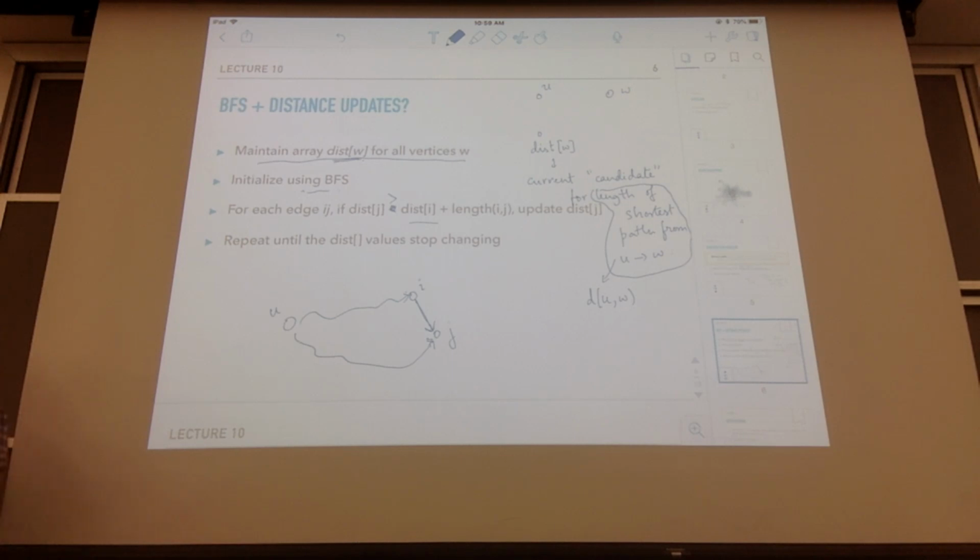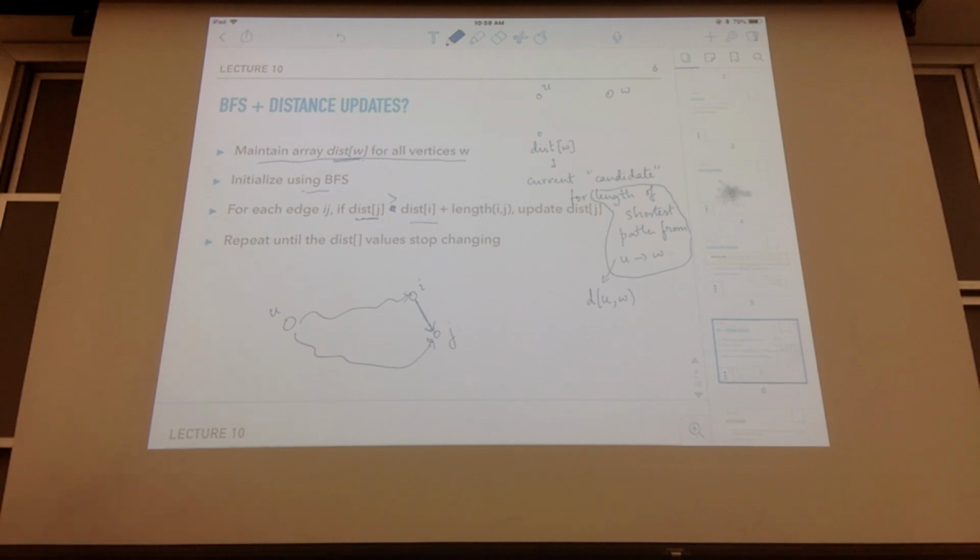Yeah. So I'm trying to understand the diagram. So we have edge ij, and the distance of j. That's the total distance to j from our starting point. So remember, the meaning of this dist of j is just the current candidate we have. Think of it as the length of the shortest path that you have found so far.